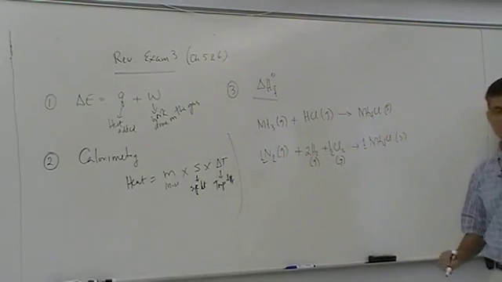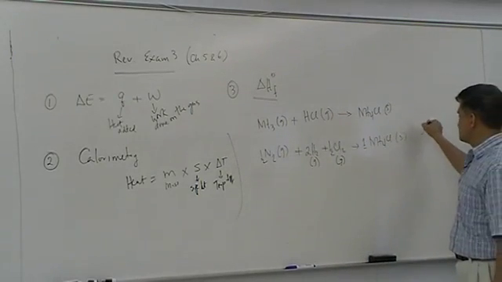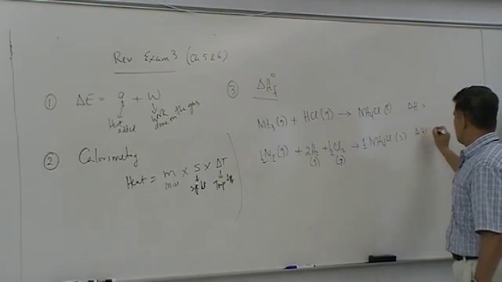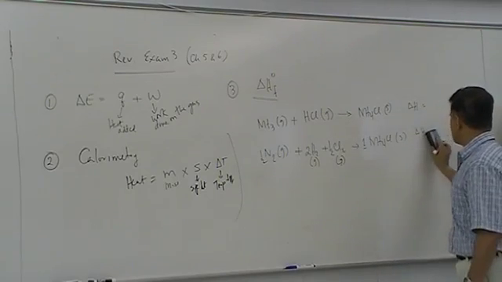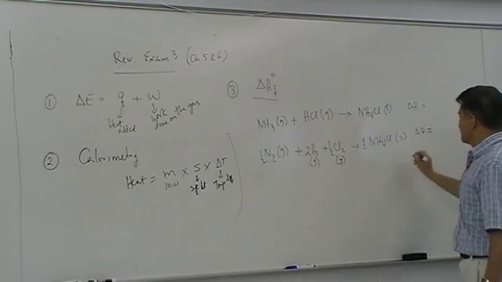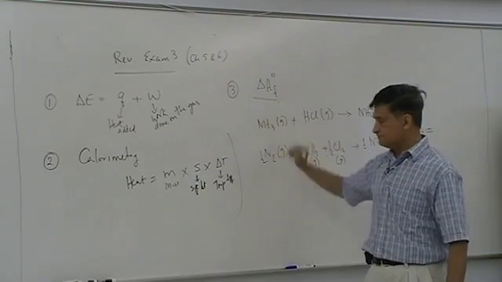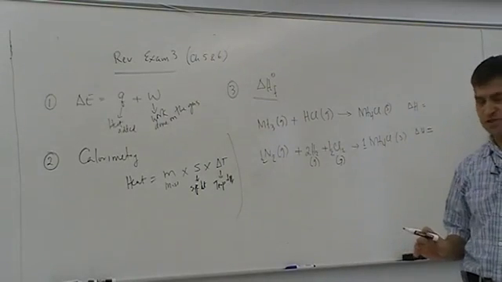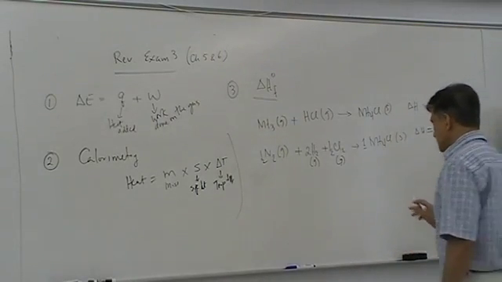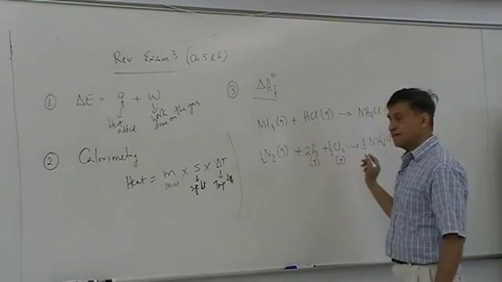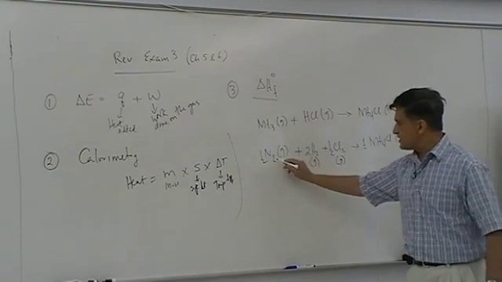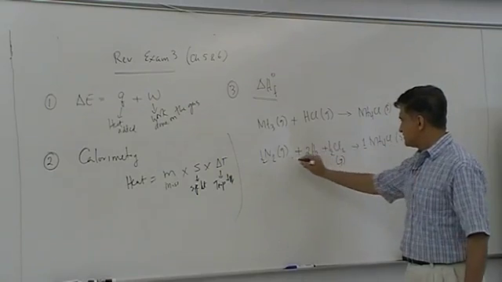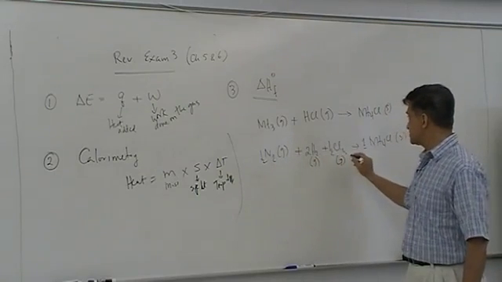If I give you these two reactions and delta H values, say delta H values are given for both, then you need to identify which of these two reactions gives you the heat of formation. Heat of formation is a specific kind of heat of reaction where the reactants are in elemental forms. In this particular case, ammonium chloride is formed from nitrogen, hydrogen, and Cl2.